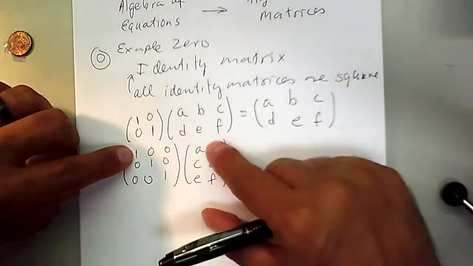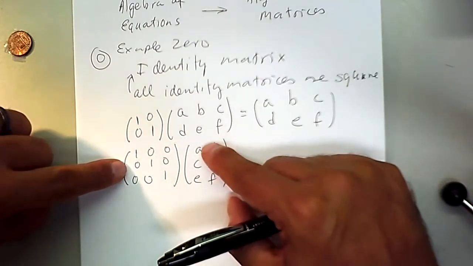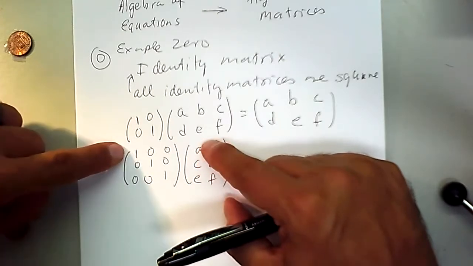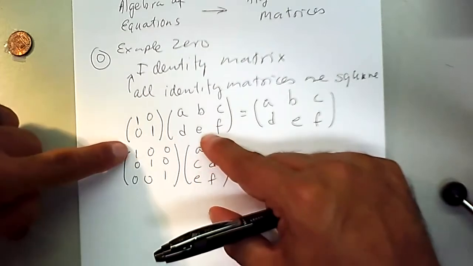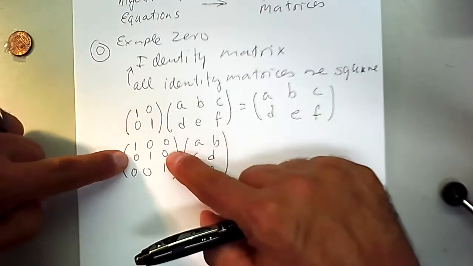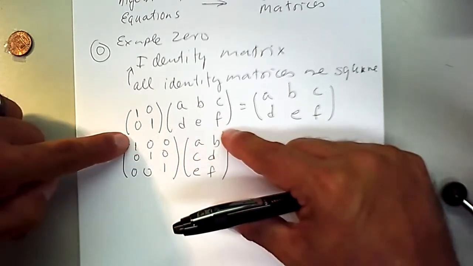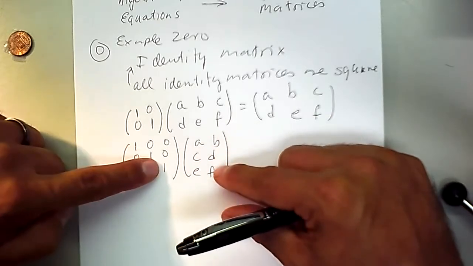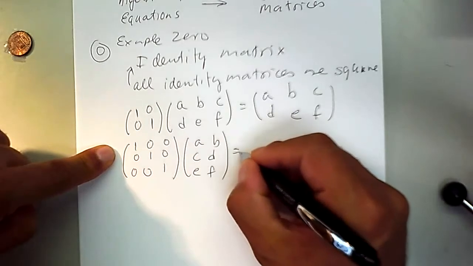Because of the zeros, we're picking up just the first element, A, and then nothing else. As we go down, we are picking up the second element, and then the third element of each of those columns. So this is exactly the identity matrix that is a 3 by 3.